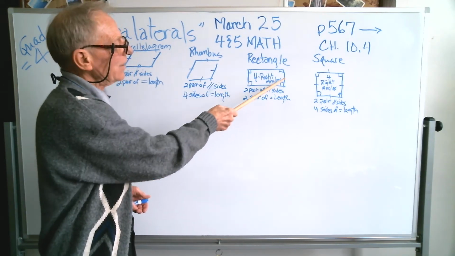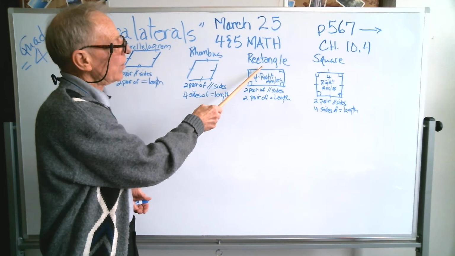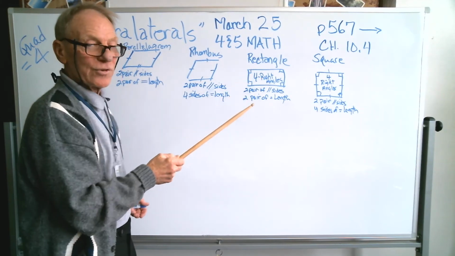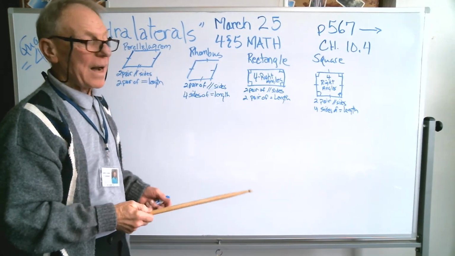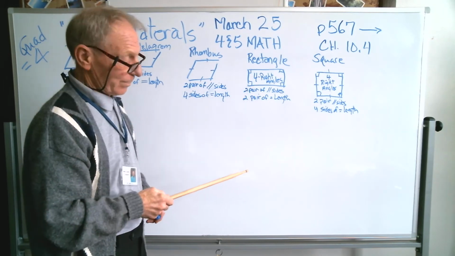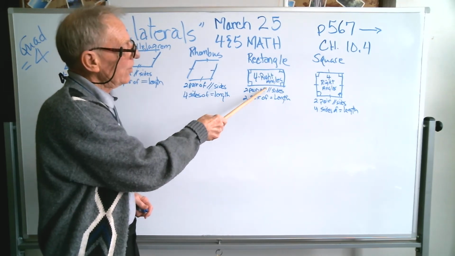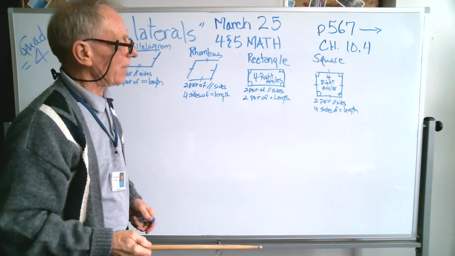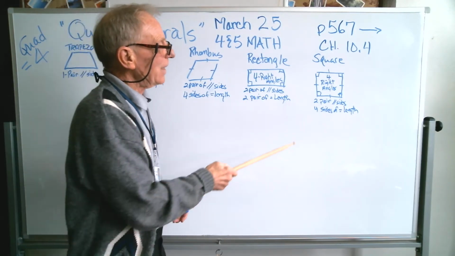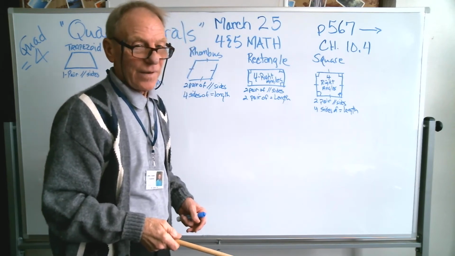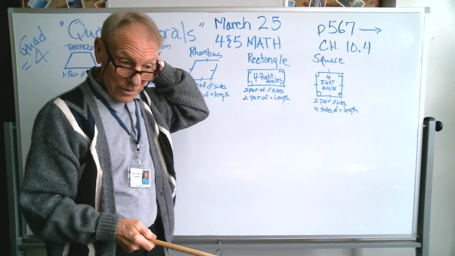So this side and this side are a much smaller length than these two sides. But there are two pairs of parallel sides and two pairs that have an equal length. Finally, the square. The square is the simplest of all. It's four sides.